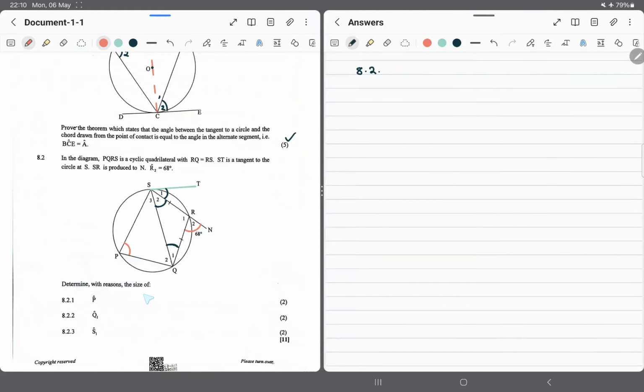It says determine with reasons the size of angle P. Sorted. Just analyzing the diagram a little bit, you answer most of the questions. Angle P is going to be equal to angle R2. What is the reason there? Exterior angle of a cyclic quad.